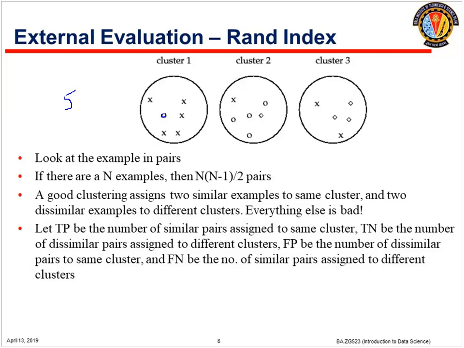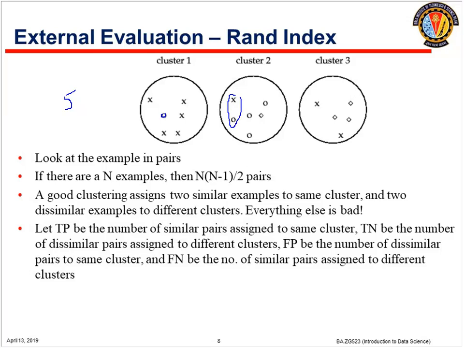In cluster 2, how many dissimilar pairs are there? Remember, these pairs are unordered. If you look at X, you can create 5 dissimilar pairs with any other example in cluster 2.